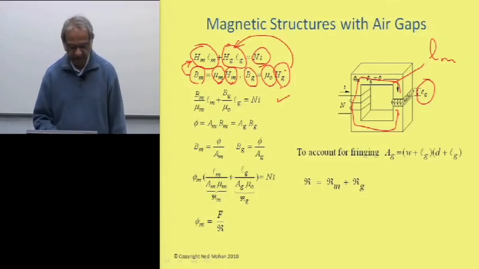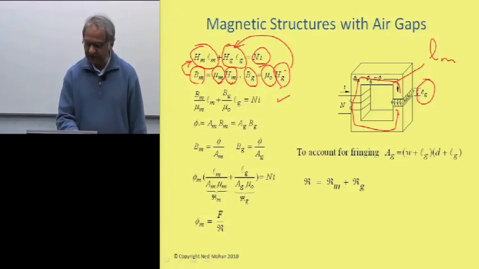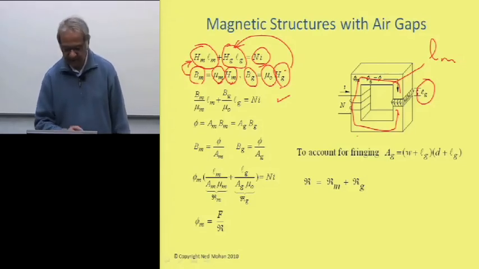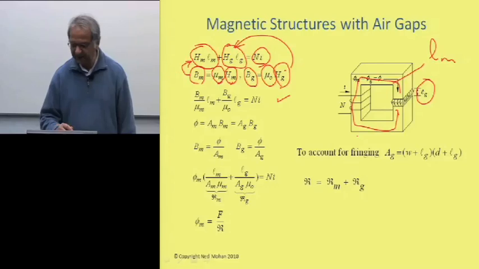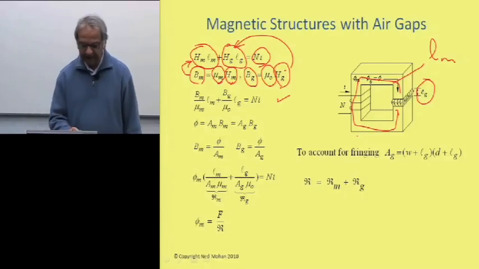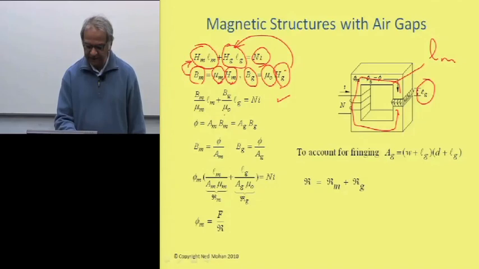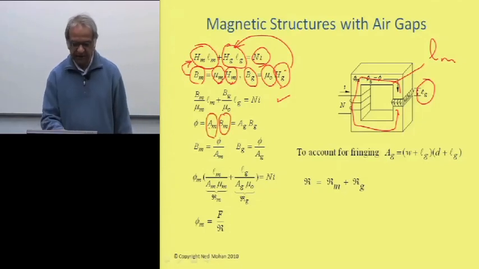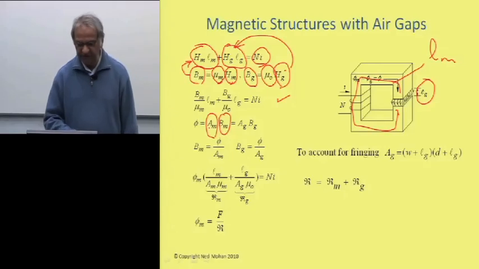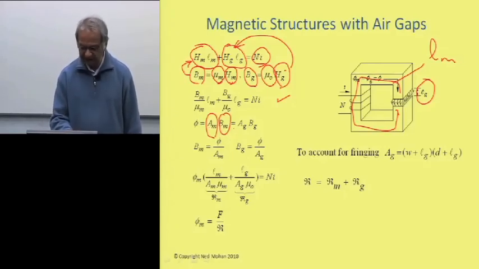And if you recognize that the flux lines are forming a closed path here, and we are ignoring any leakage here, this flux is equal to the flux density in the core times the cross-sectional area in the core through which these flux lines are flowing, and this is the same as the flux density in the air gap times the area of the air gap.